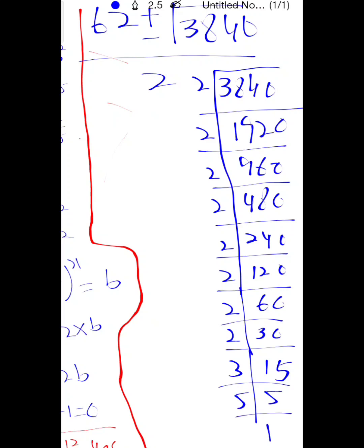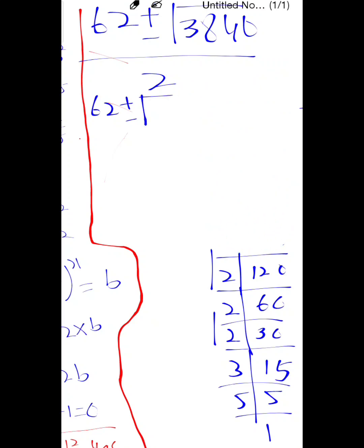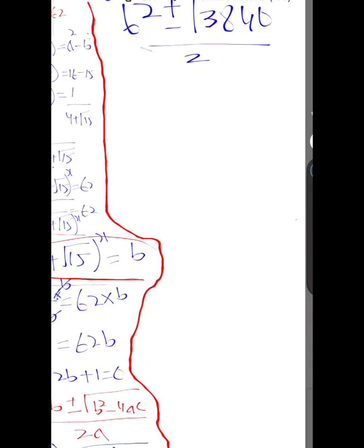So now we have 4 pairs of 2. So we can write 2 times 2 is 4, 4 times 2 is 8, 8 times 2 is 16, 16 comes out, and 3 times 5 will stay in the square root.